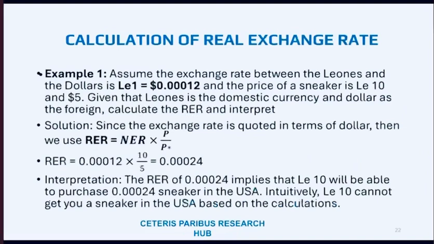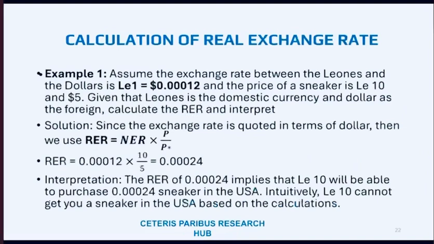So if you take 10 leones, you will only be able to get 0.00024 sneakers in the United States. That's how you interpret it. The price in the numerator can get you the amount of goods as measured by the real exchange rate value. So intuitively, 10 leones cannot get you a sneaker in the USA based on the calculations.